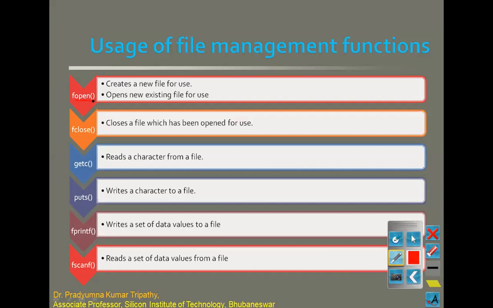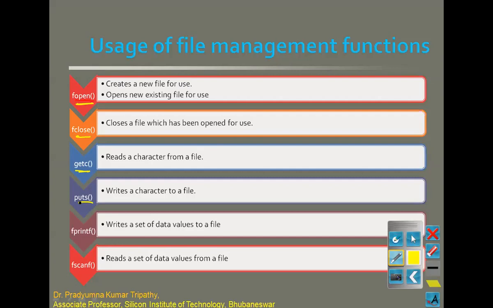And the next one is fclose for closing a file. Fopen, fclose, already I have told you. Then getc and putc: one reads a character from the file and the other writes a character in the file.